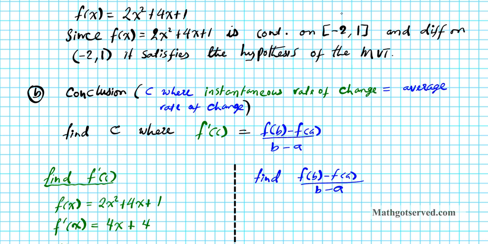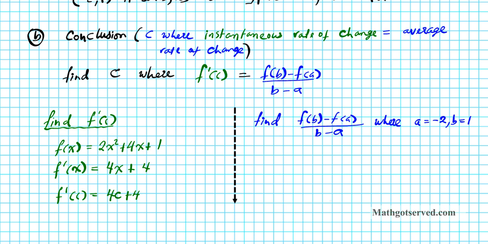We're going from -2 to 1. This is a, the lower bound, and b is the upper bound, where a is equal to -2 and b is equal to 1. Alright, so let's rewrite our function. f of x is equal to 2x squared plus 4x plus 1.